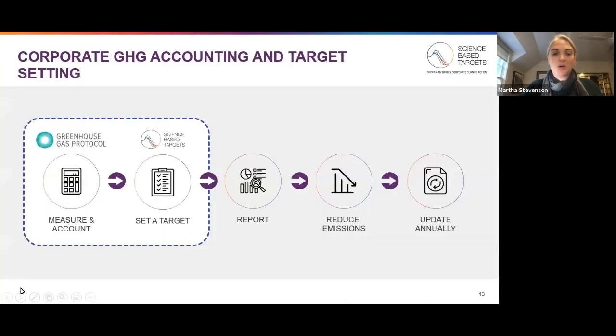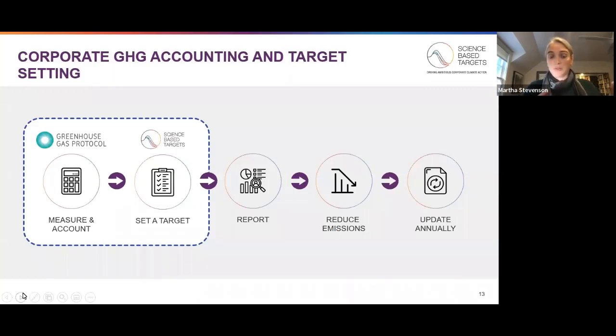For those of you who are not familiar with corporate accounting and management, I've just provided a quick schematic here to walk through it. First, companies will measure and account their greenhouse gas inventory. The most common standard to use is the Greenhouse Gas Protocol, but of course there are other standards.